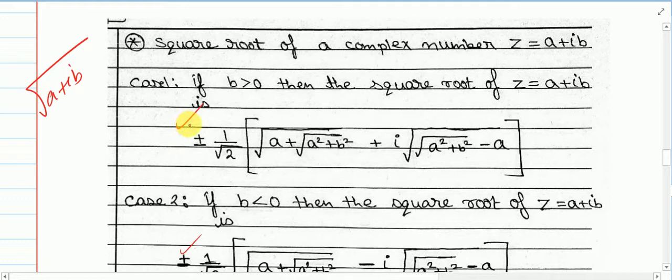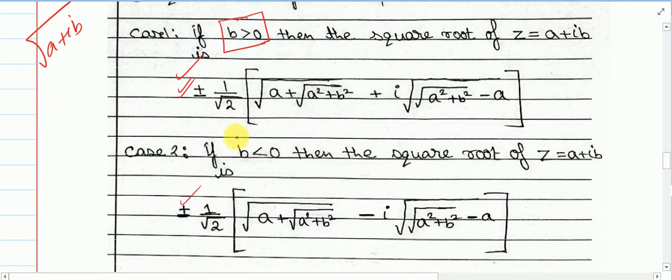The reason for having two formulas is, if b is greater than 0, in that case we use this, and when b is less than 0, in that case we use this. You will see that they are same, only here you can see this is the difference, plus and minus.